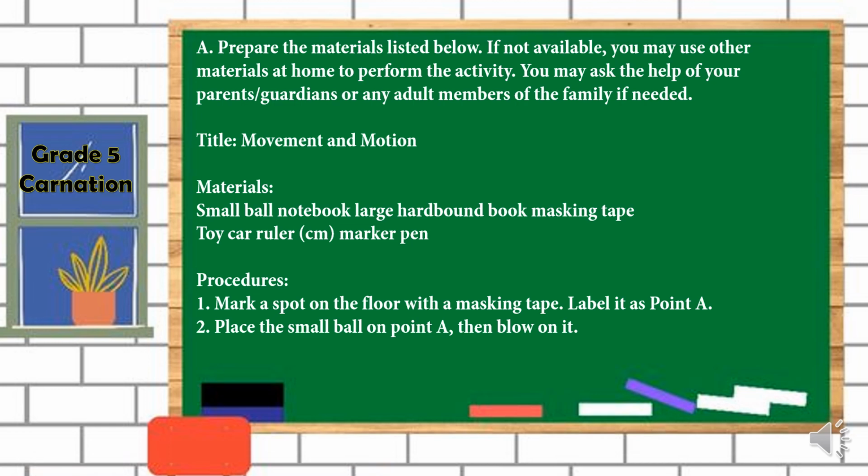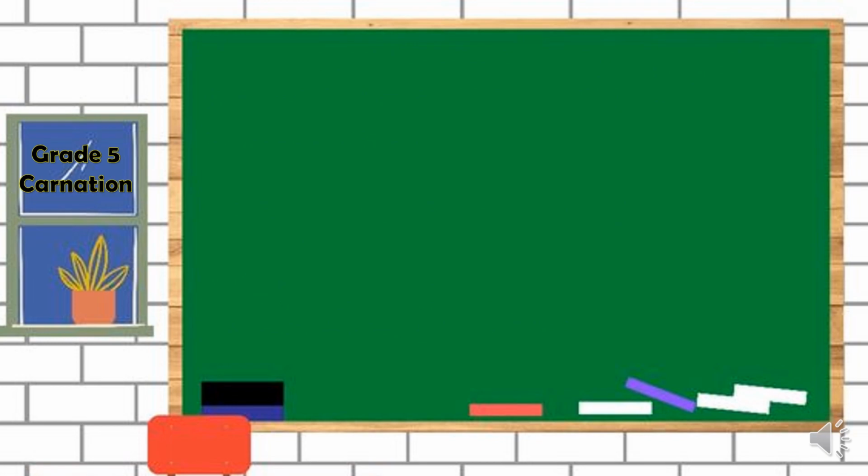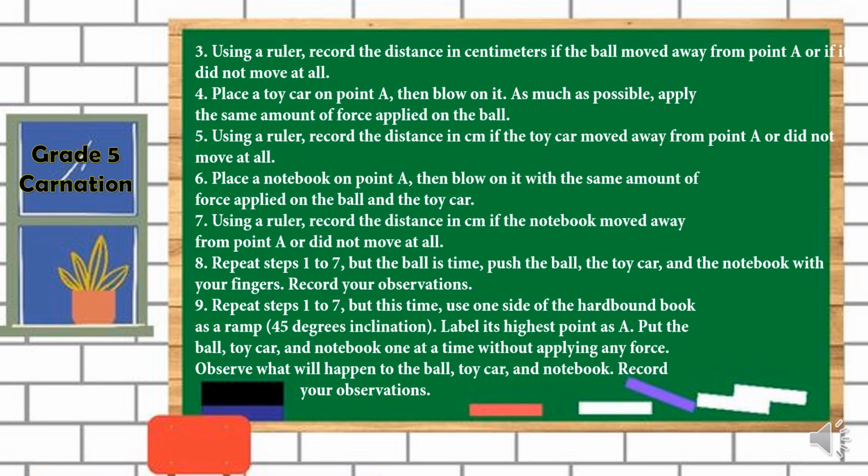And the procedures. Number 1, mark a spot on the floor with masking tape. Label it as point A. Number 2, place the small ball on point A, then blow on it. Number 3, using a ruler, record the distance in centimeters if the ball moved away from point A or if it did not move at all.